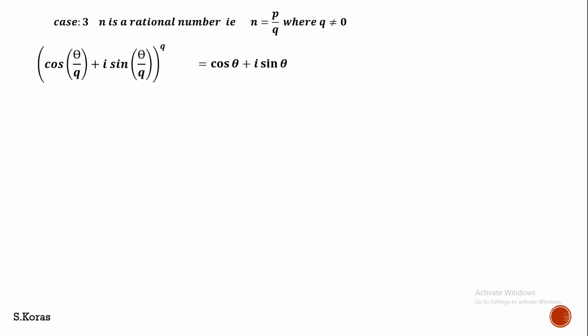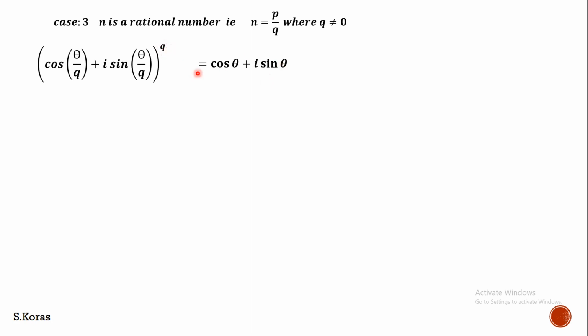Right. Now we are going to do a technique in such a way. Let us try to bring the power p by q to this right side. For that, let us do a small work. First, let us remove this power q by taking the qth root.